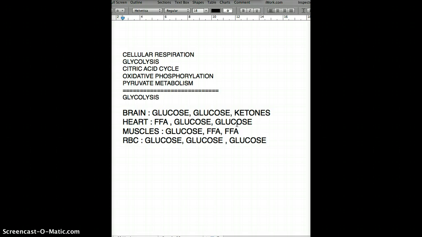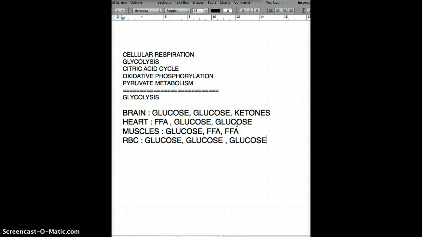Now the question is, of all these, only RBC uses glucose throughout. What's the reason for that? The reason is that RBC has no mitochondria. It can only take part in pathways that take place inside the cytoplasm, and glycolysis only takes place in the cytoplasm.